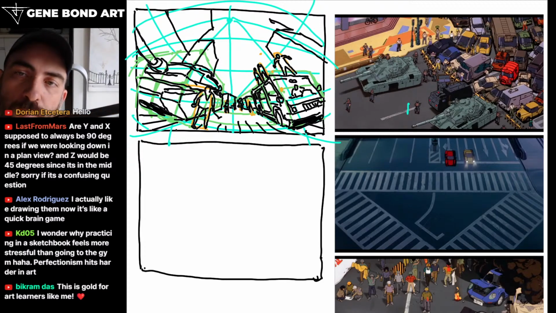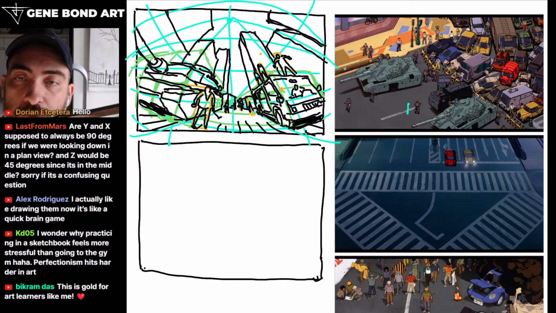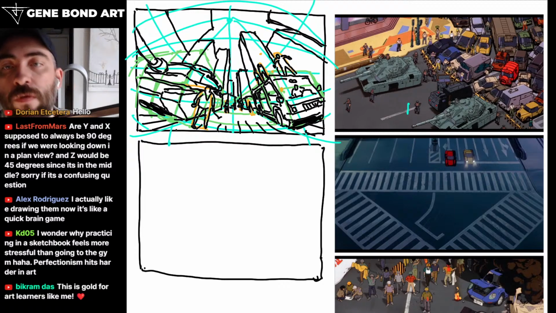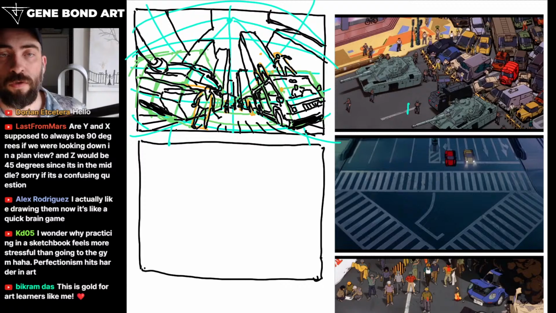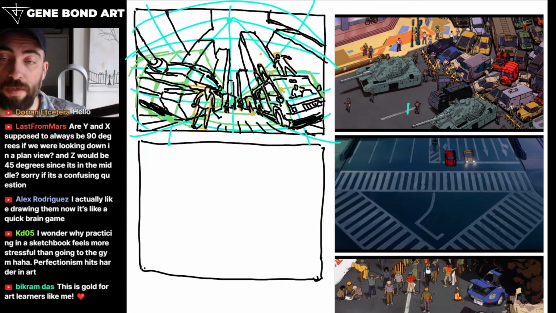So you see, these ratios just allow you to manipulate the objects in space very fast, and it's very easy to calculate convincing proportions at any angle.